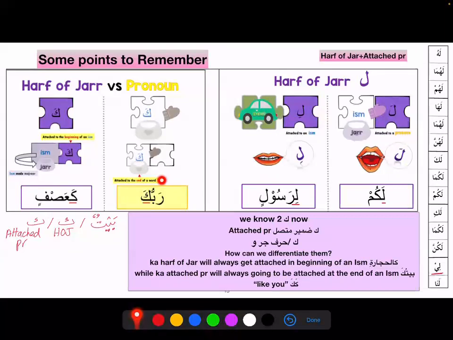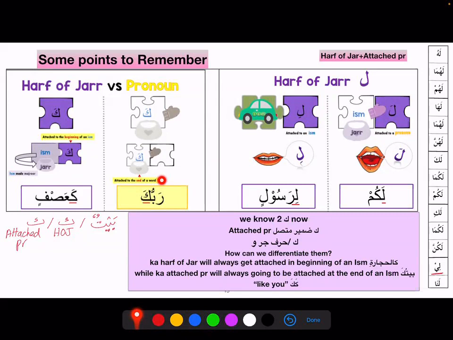And this harfu jar can attach to an attached pronoun, right? And we have the attached pronoun kaf. So now we have two kafs together and they can attach, right? Harfu jar and attached pronoun we saw in the last class, like we say lahu, right?